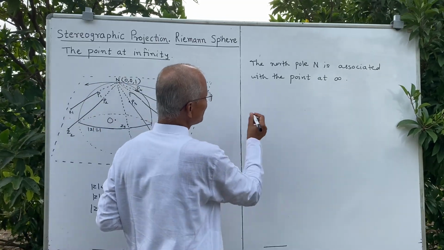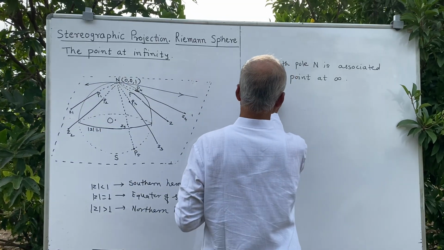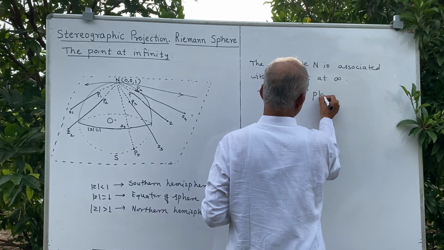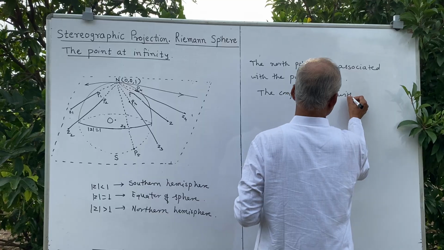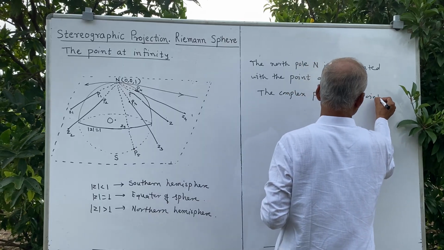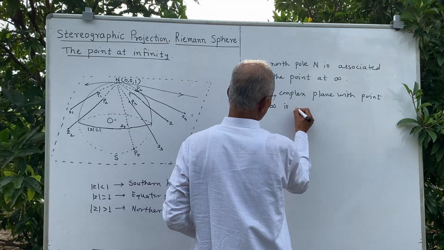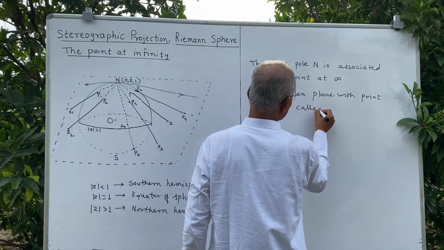The complex plane with the point at infinity is called the extended complex plane.